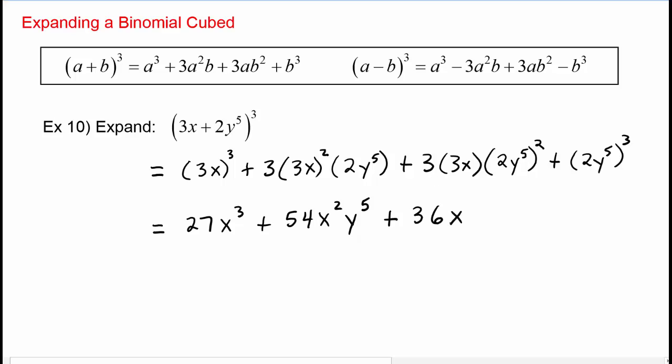We have x, and now we have y to the fifth squared, so we know that we have to multiply the exponents and get y to the 10th, plus 2 to the third is 8, and y to the fifth raised up to the third power is y to the 15th.